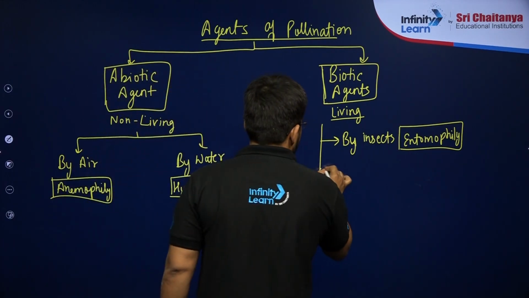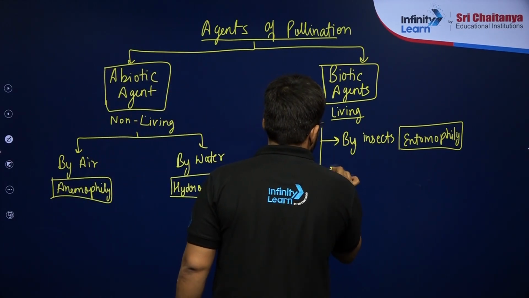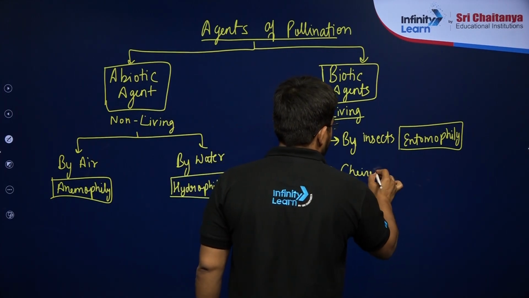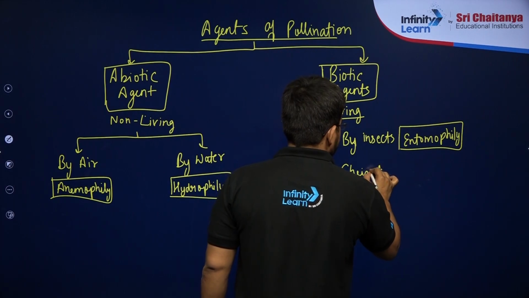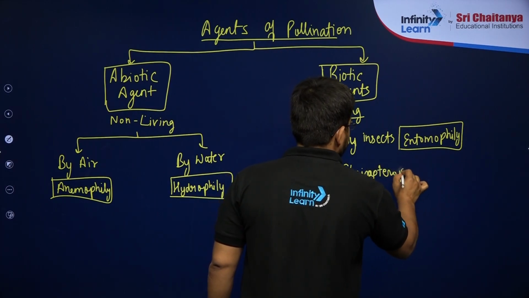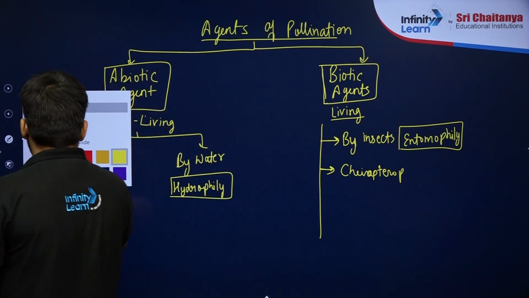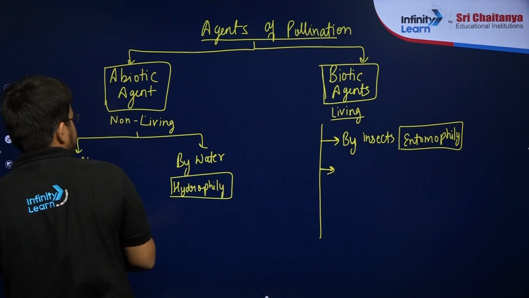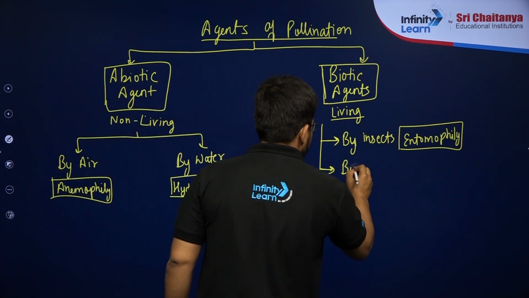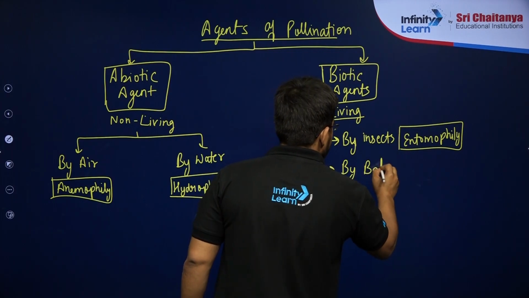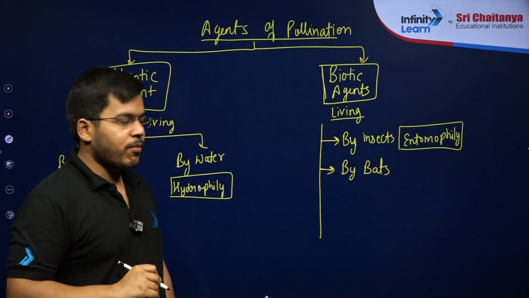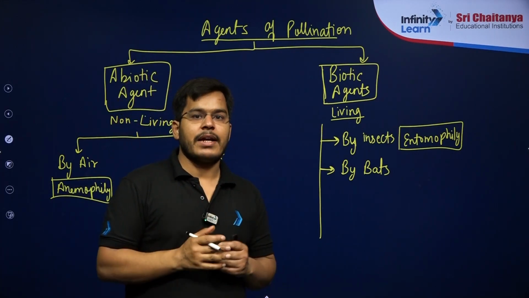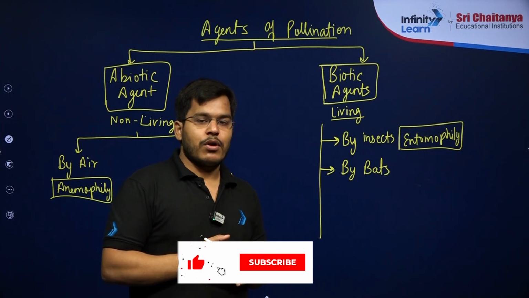Next students, we are having your chiropterophily. Or we can say next is going to be by bats. So students, if bats are responsible for the process of pollination, we know that certain plants' flowers blossom in the night, and some of the flowers blossom in the day.